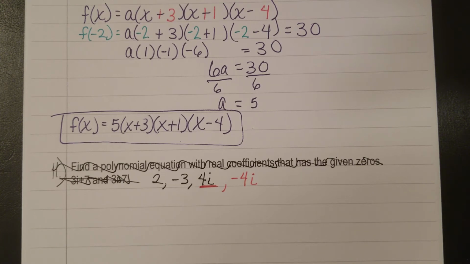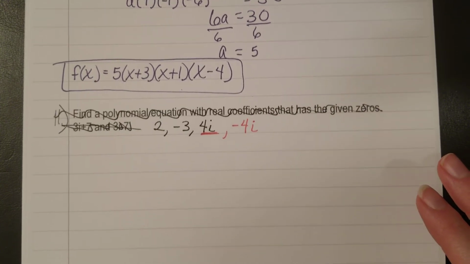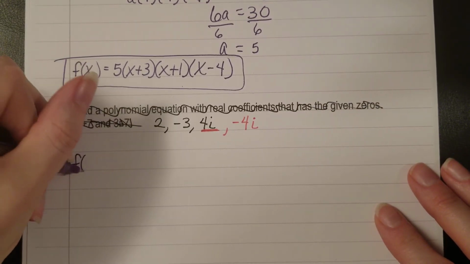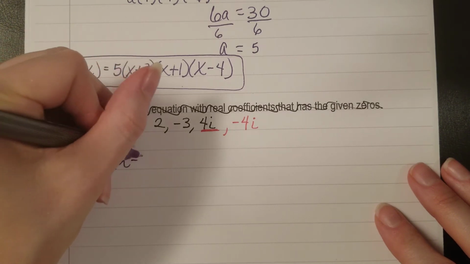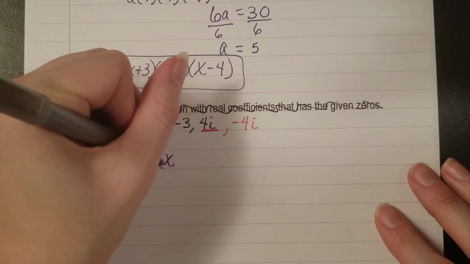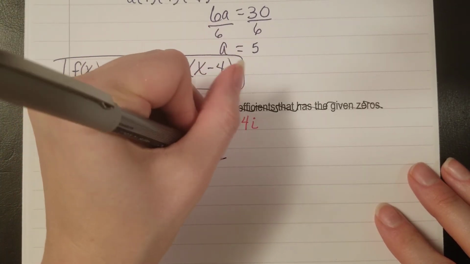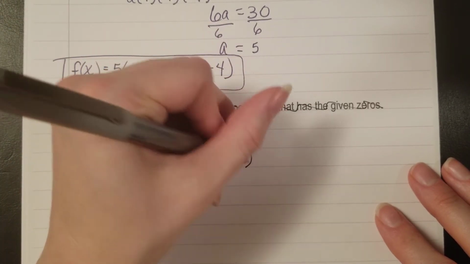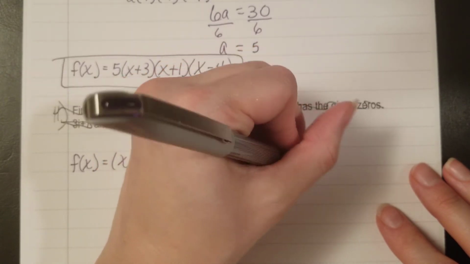So that's how you're going to basically get rid of the i. All right, so it's going to be kind of similar to the last problem. So f of x equals, so we're going to do x minus 2, x plus 3, then we're going to have x minus 4i, and x plus 4i, okay?